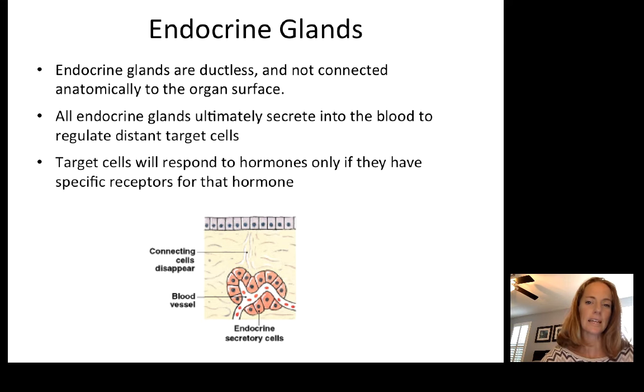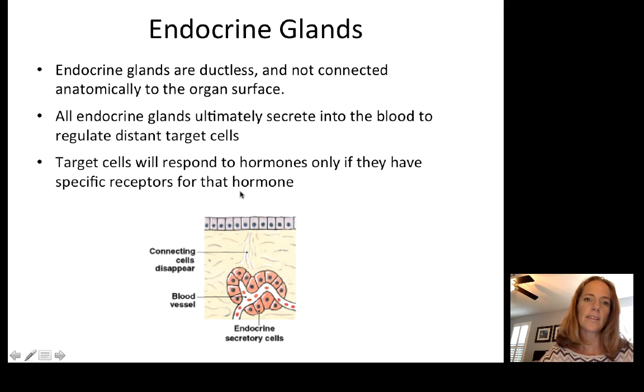The endocrine glands are secreting inside. Endo means inside. So they're secreting into the body, and those secretions get into the blood. They're going to travel through the blood to regulate distant target cells. And the target cells will respond to the hormones only if they have receptors for that hormone.